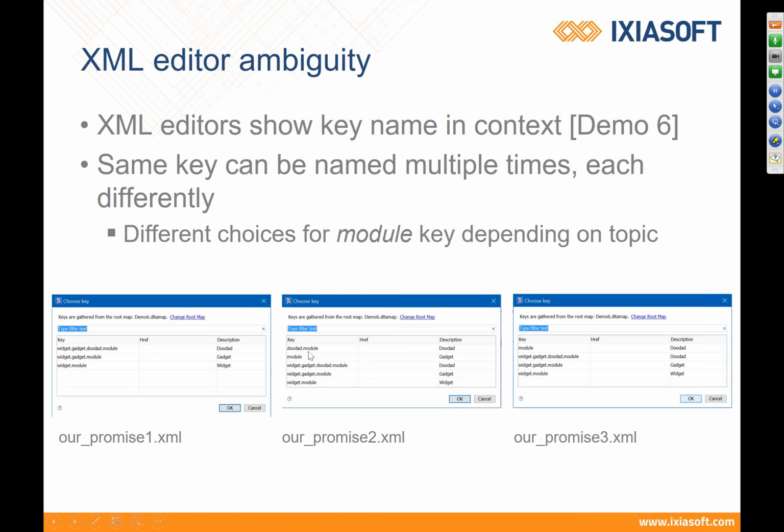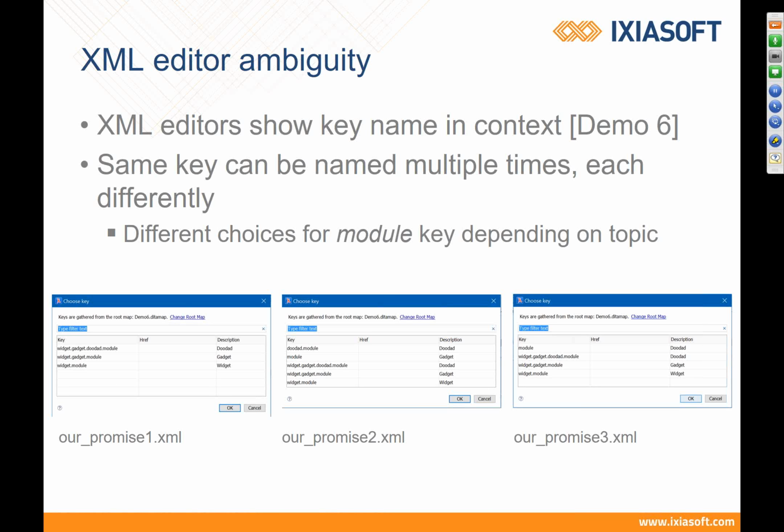If they choose to insert a qualified key, say they choose to insert this one, the fully qualified key with the full path, well, now anywhere they want to use that topic, they're going to have to ensure that that map has a widget key space that contains a gadget key space that contains a doodad key space, which is not always possible to do.